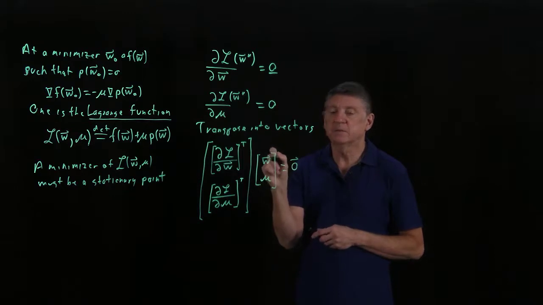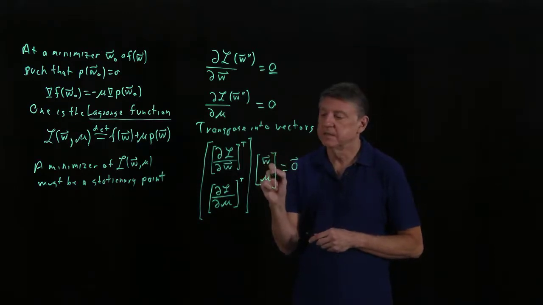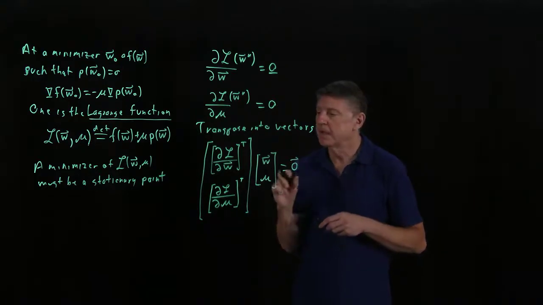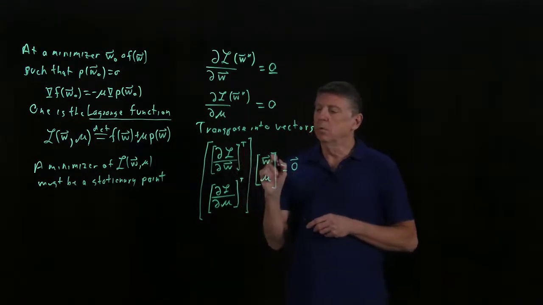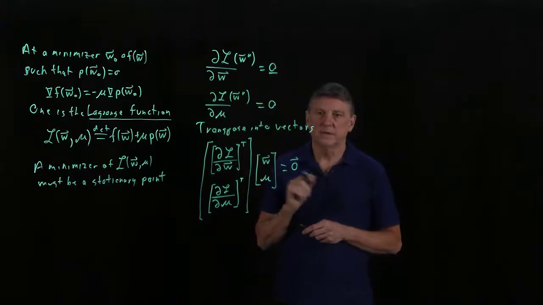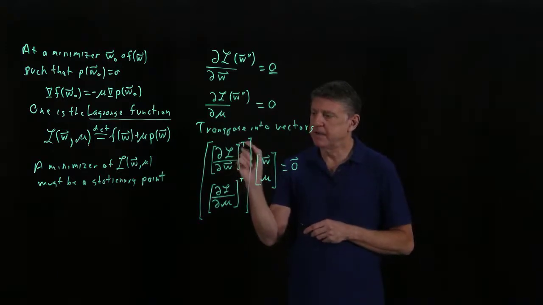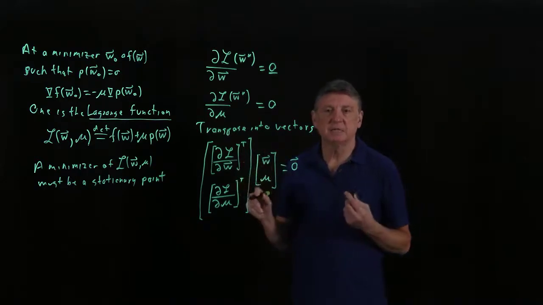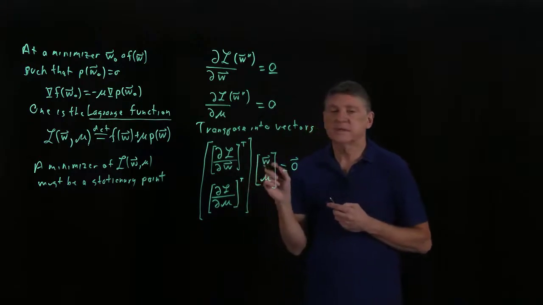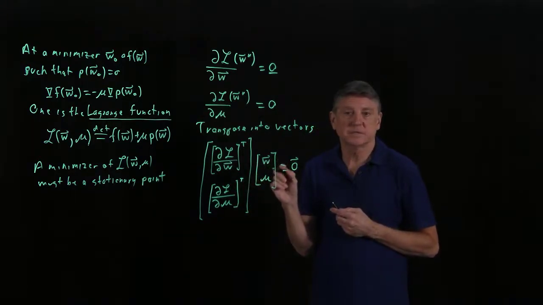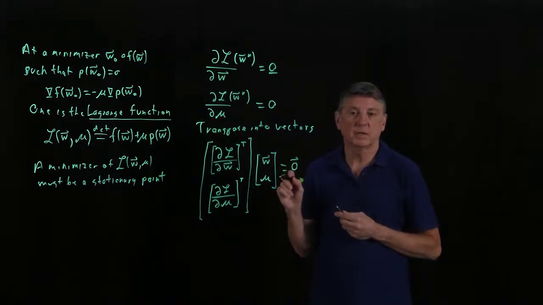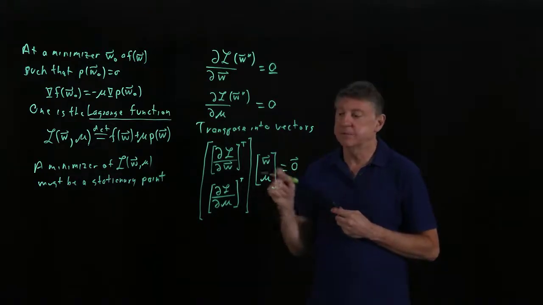So if W is in an n-dimensional space, this 0 vector would have n plus 1 entries. This is what we want: to find a solution to this. In the general case, this is a difficult problem. What we'll discover in the subsequent sessions for this lecture is that for a common kind of problem that we're going to come across, this will turn out to be a matrix vector equation.